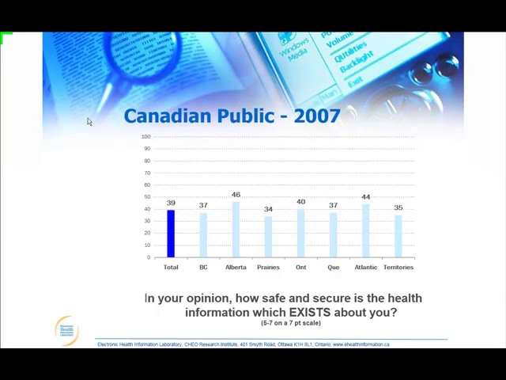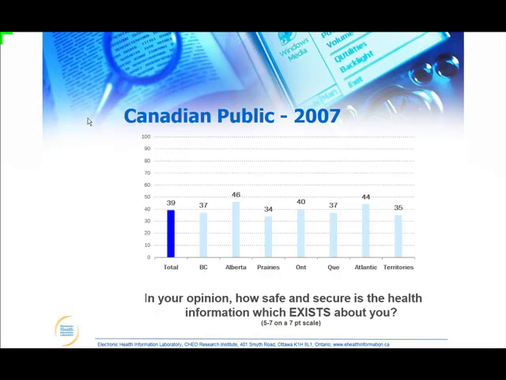Just some recent surveys. The question was, how safe and secure is the health information which exists about you? This was a survey conducted by the Federal Privacy Commissioner, Health Canada, and Infoway. 39% had positive opinions, and the rest not so positive.